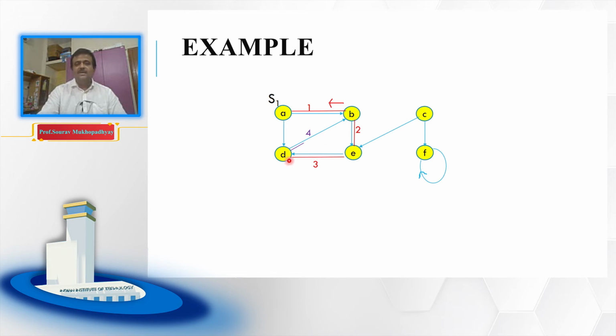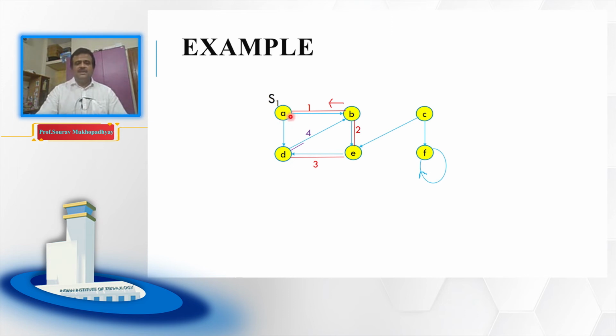We come back here, that is the recursive call, and D has no more adjacency vertices, so it will go back to the previous vertex, E. E has no more adjacency vertex other than D, so it will go back to B. B has no more vertex in its adjacency list other than E. So, it will go back to the vertex A.